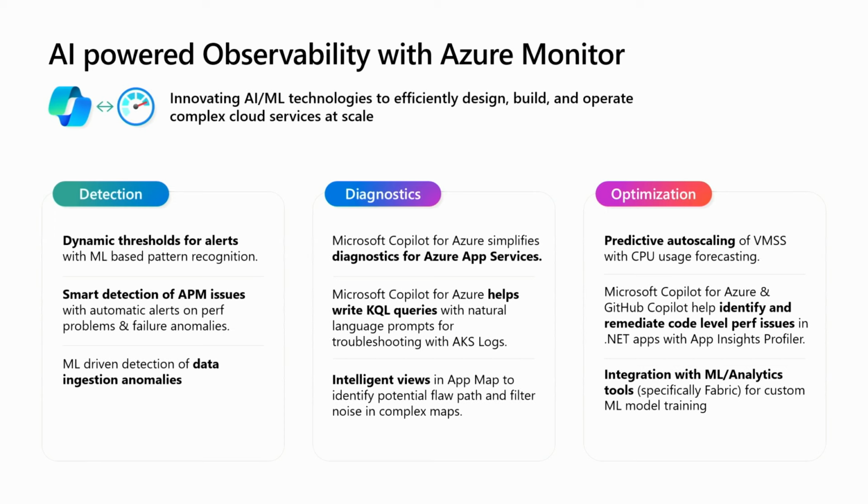So we can use AI to look at your profiler traces and give you automatic recommendations and remediations to improve your code performance. And for some of you, we have worked on scenarios where you want to take your data out, send it to, say, Fabric, and run your own machine learning models, build your own models on top of that. So those integration scenarios are also available.